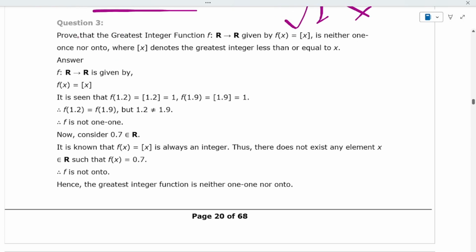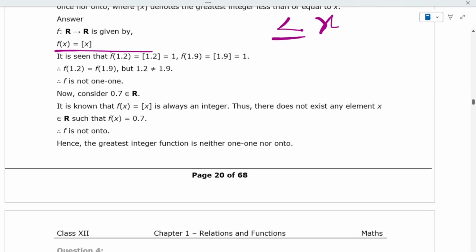Now next we have to show that the greatest integer function f from R to R, f of x given as [x], is neither one-one nor onto, where [x] denotes the greatest integer less than or equal to x. Now let's see the function they have given here. You can take random numbers.